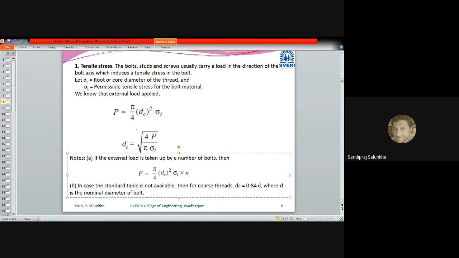If you want to calculate the mean diameter d, that is the normal or mean diameter of the bolt, the core diameter is equal to 0.84d. By means of this equation, you can calculate the mean or normal diameter of the bolt. This we have considered when the bolt will undergo tensile load.